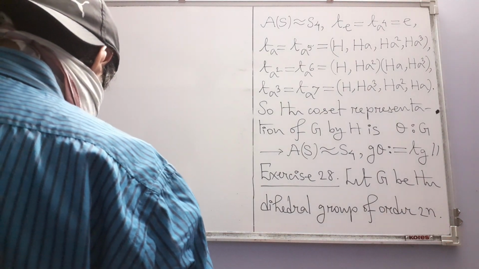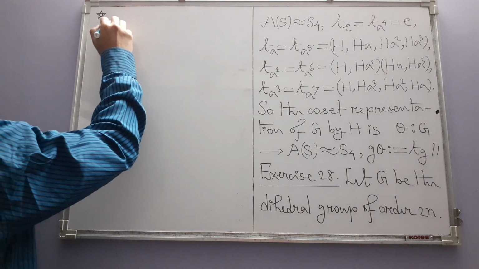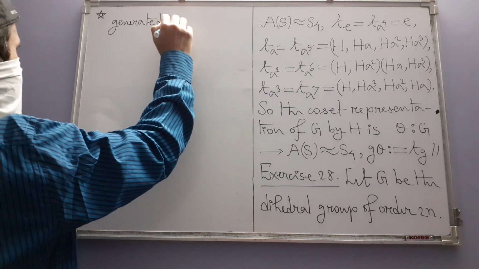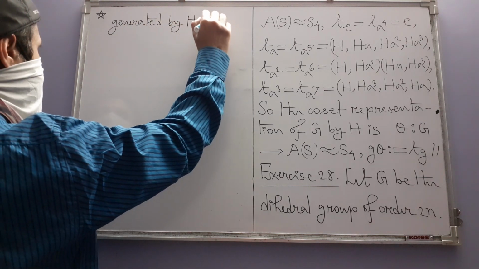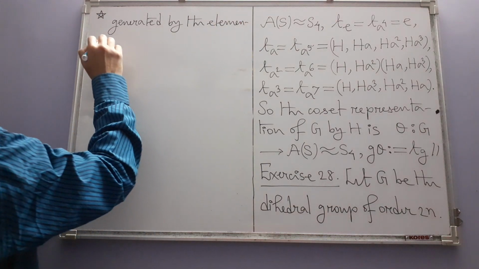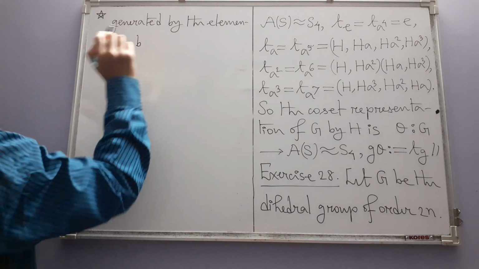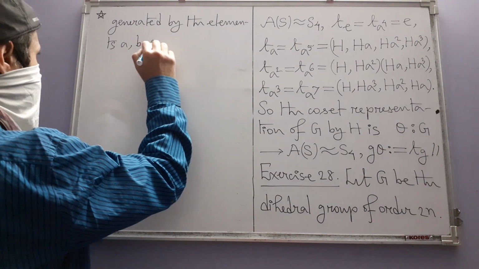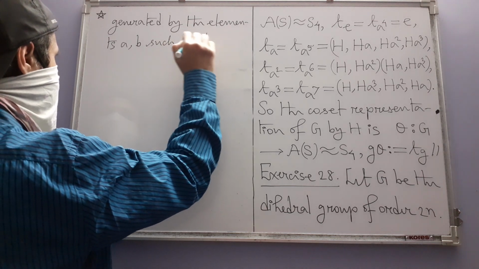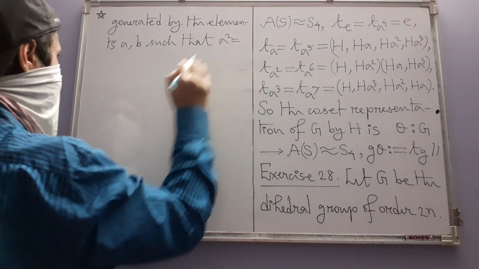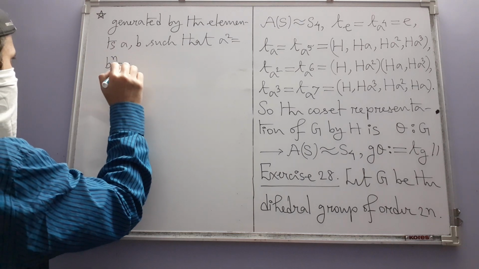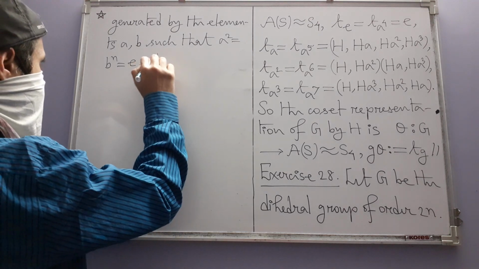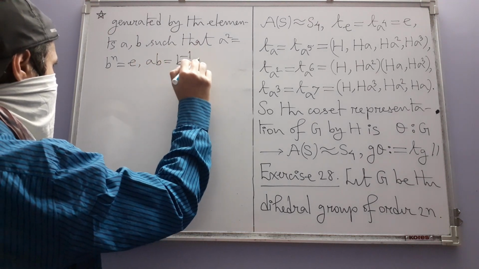Okay, so this group of order 2n is generated by the elements a, b such that a square equals b to the power n, which equals the identity, and ab is b inverse a.